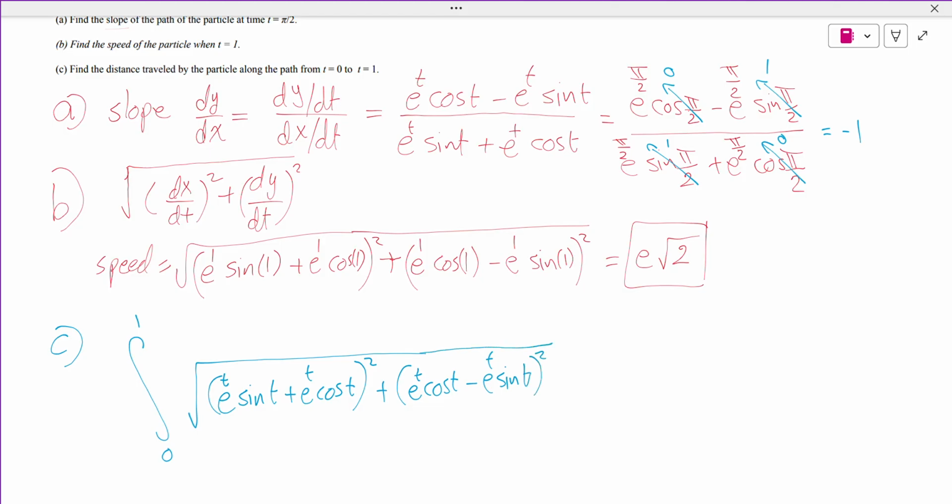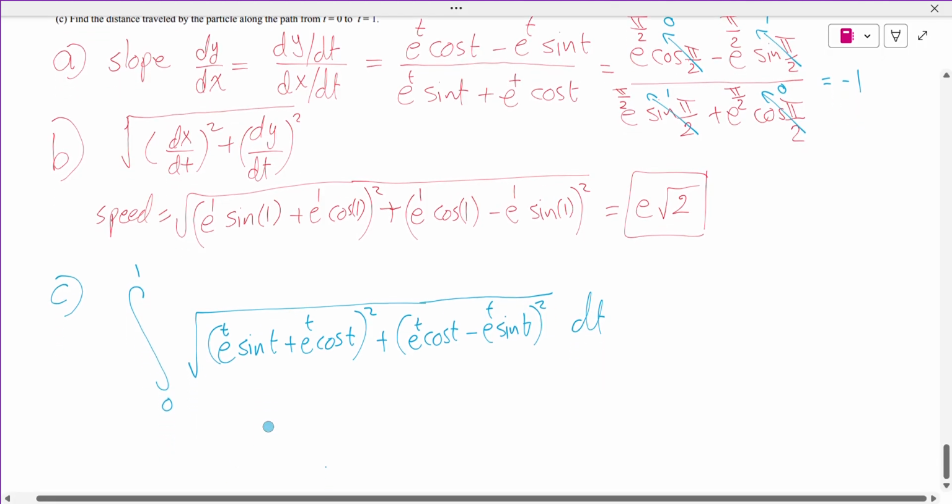So we need to find what this integral equals.